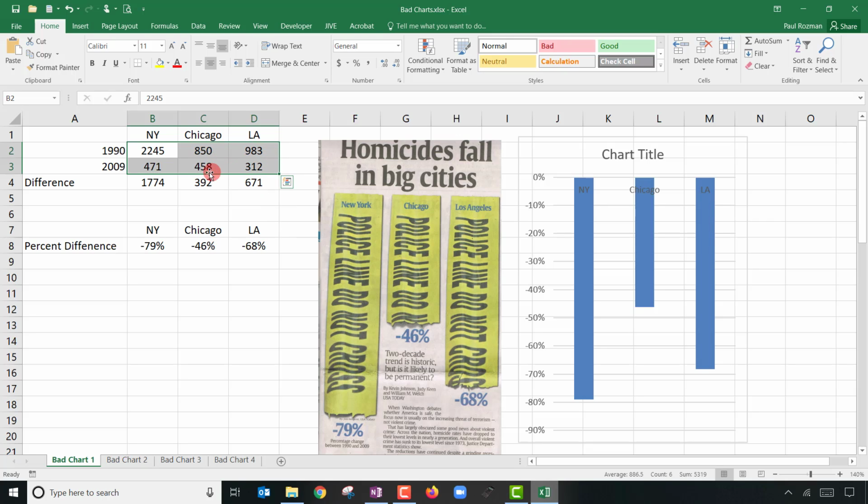Is it possible that maybe they changed the definition of what a homicide was? The difference between 1990 and 2009, we had limited DNA testing in 1990 compared to 2010. Maybe what they declared murders was different.